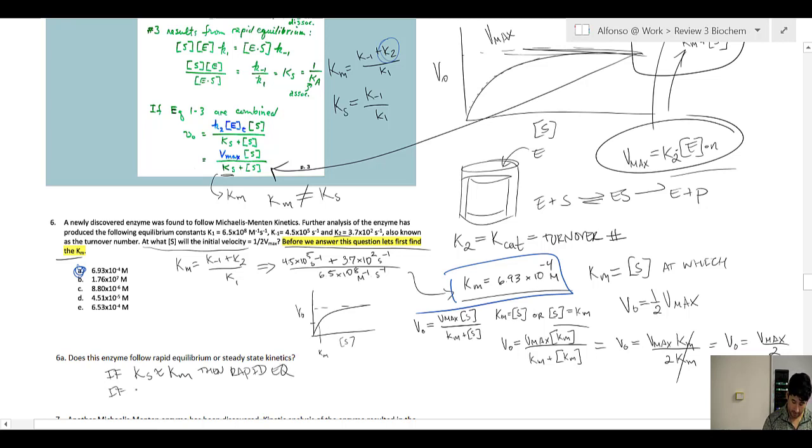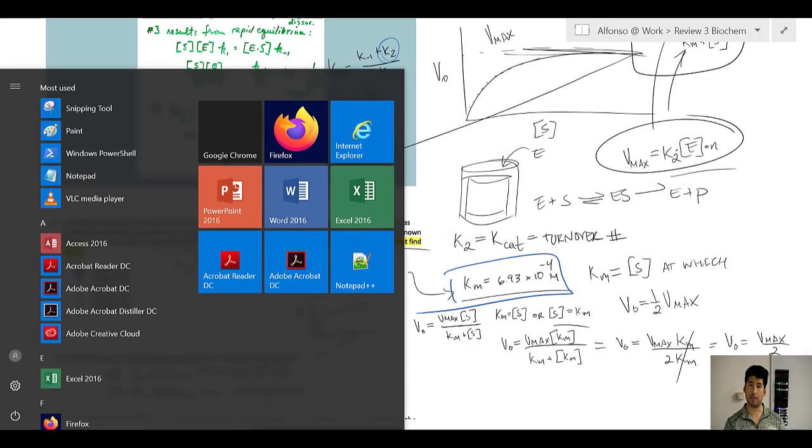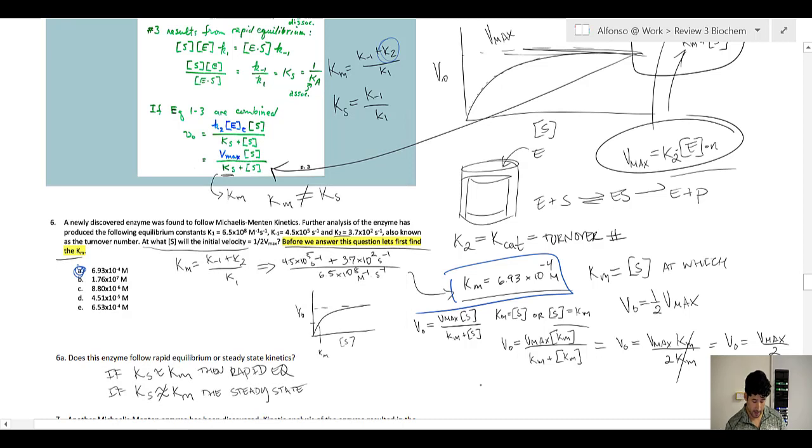And if Ks does not approximately equal Km, then it follows steady state. So all we got to do is calculate Ks and calculate Km, and we'll find that answer.